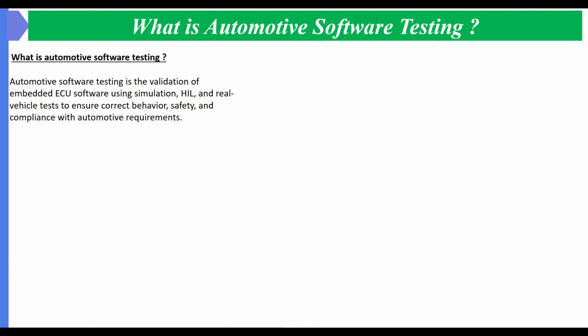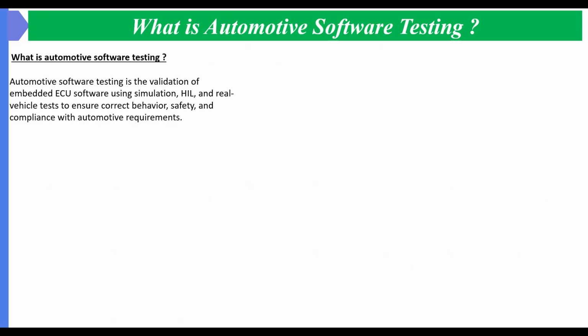But keep in mind that the goal of all the activities of software testing is to ensure the correct behavior of the software and also to ensure the safety of the software, and of course at the end to make sure that the software is compliant with the automotive requirements given by the OEM, by the customer, if we are a supplier or T1. Okay, so this is a short definition of software testing in the automotive field.